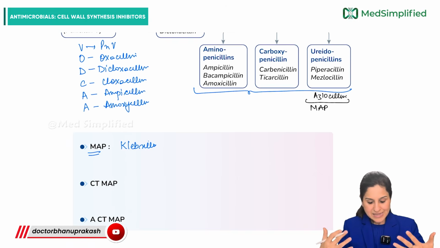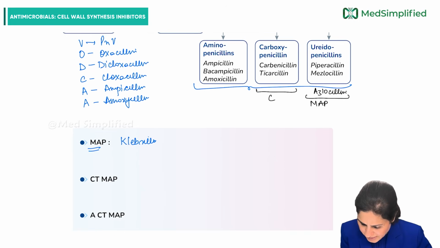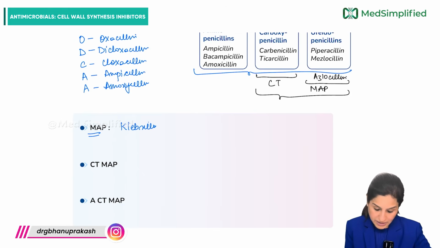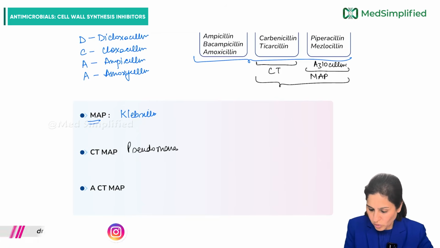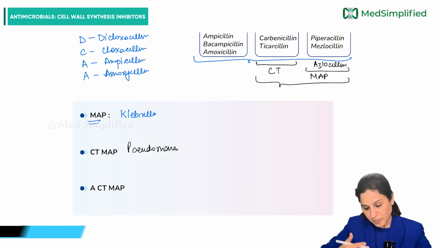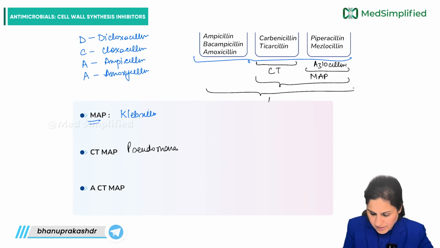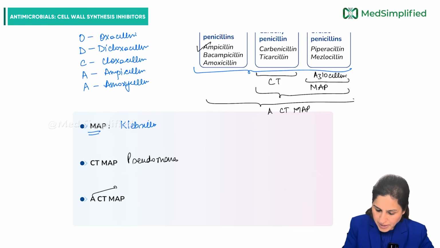Now, CT-MAP brings in more penicillins here. CT-MAP is now effective against Pseudomonas. So this is MAP, this is CT-MAP. And then bring in aminopenicillins also, so this is ACT-MAP, where A stands for the aminopenicillin.